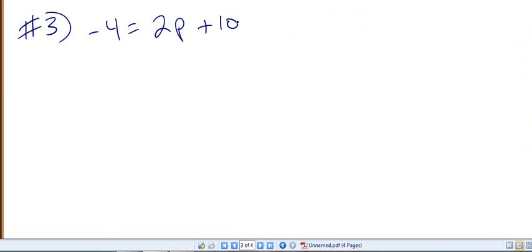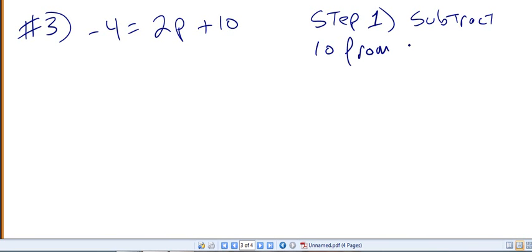Next problem, number 3: you've got negative 4 is equal to 2 times p plus 10. Step 1, subtract 10 from both sides of the equation.